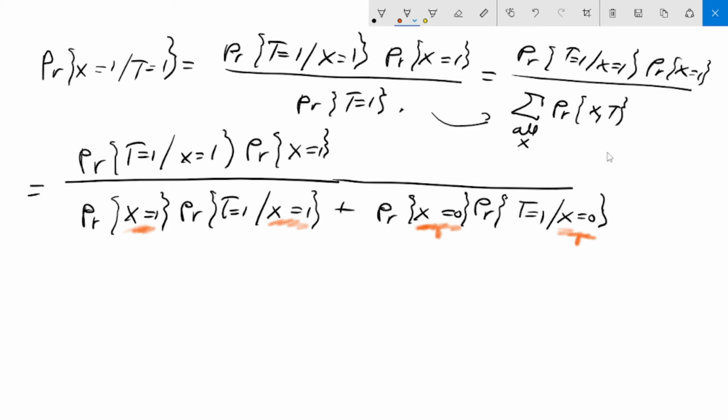There are some questions you might have here, for example, what are the values of these probabilities? Well, we know that the probability of x equal 1 is 2%, so this value here is going to be 0.98.